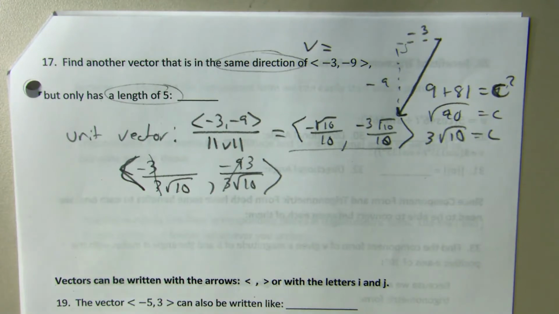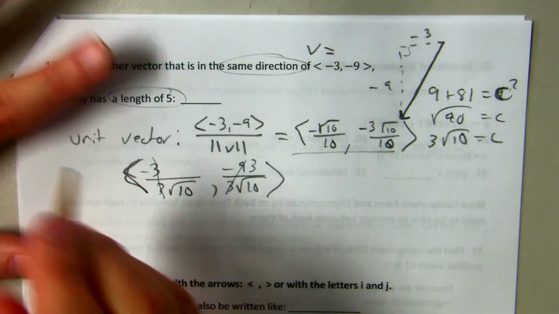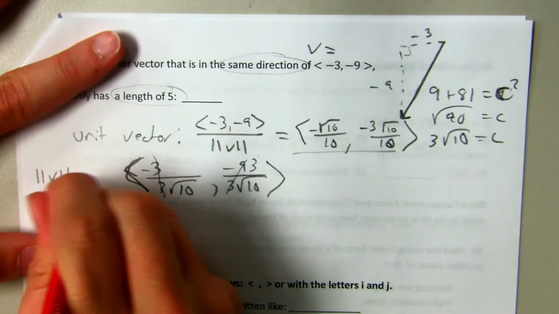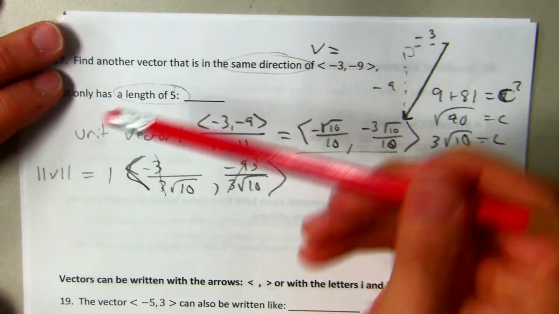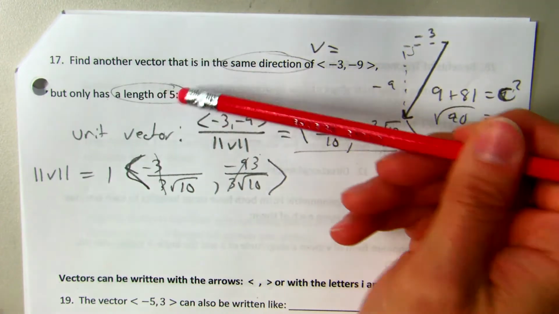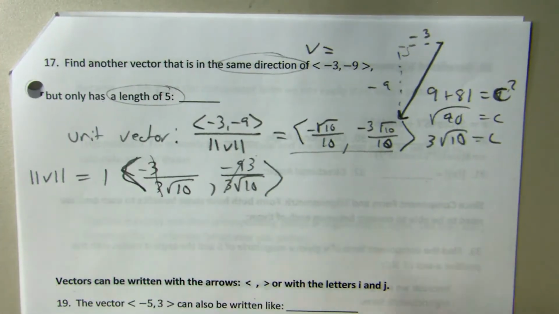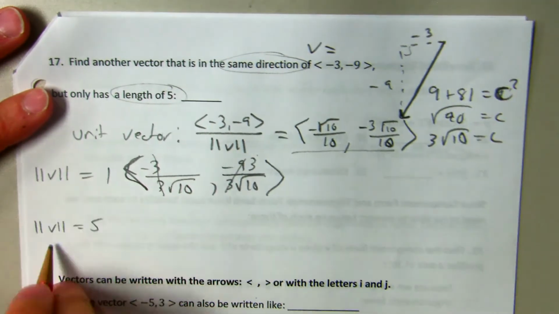Okay, so there's the first part. I found a vector in the same direction as this one that has a magnitude of 1. So this is when the magnitude equals 1. But now, I can fix this so it has a magnitude of whatever. If I wanted to have a magnitude of 5, I should probably use different letters here.